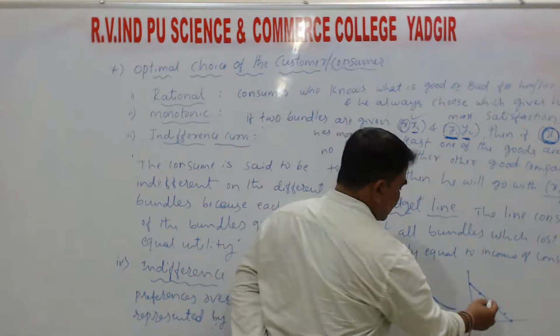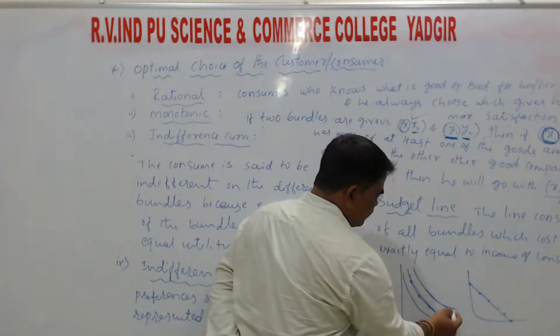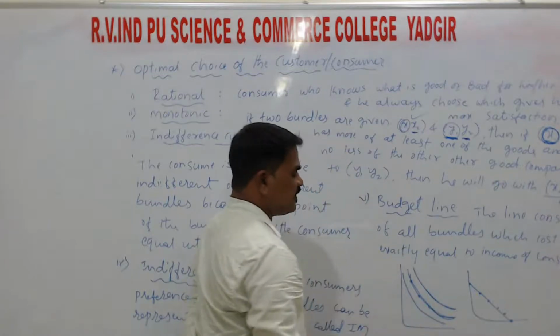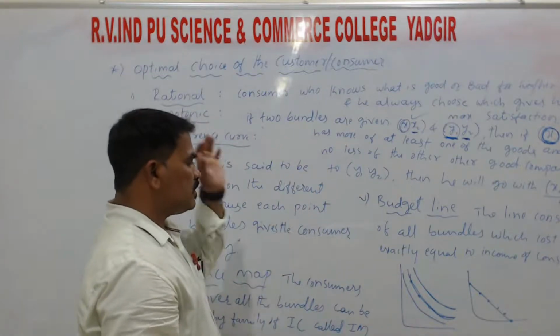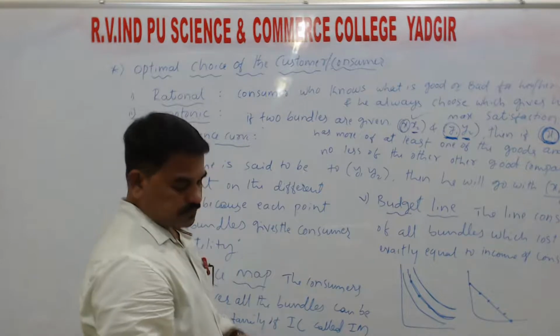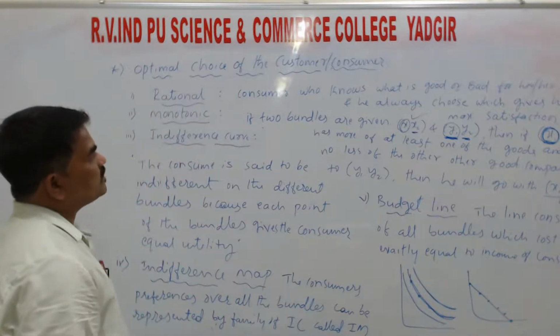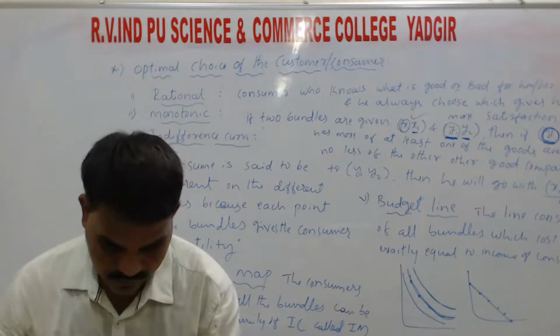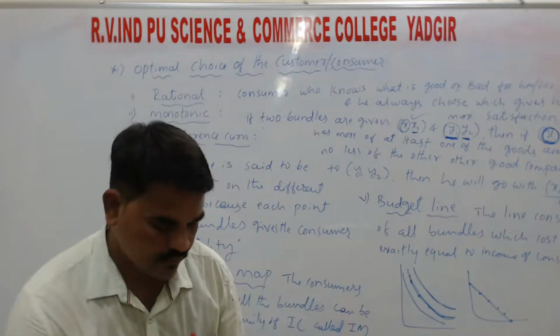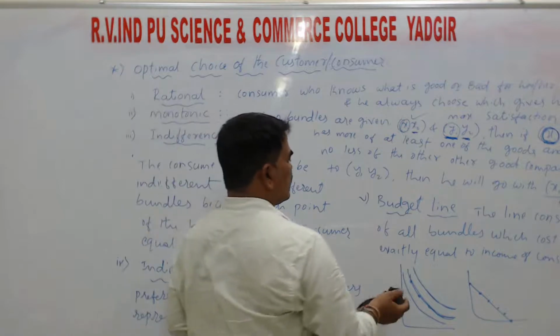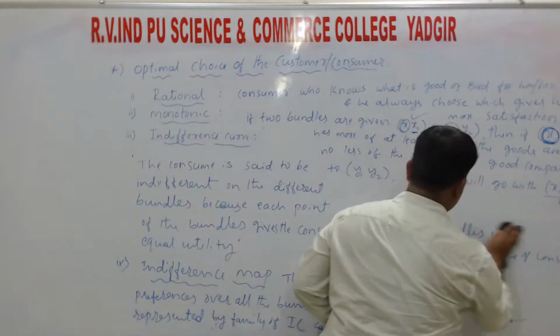This is the budget line. These are the indifference curves, and the family of indifference curves is the indifference map. So we know all these terms. Then the optimum choice of the consumer is... I'll wipe it out.